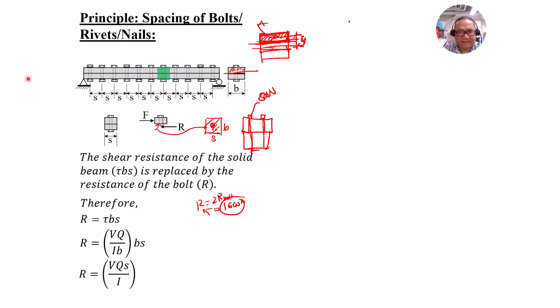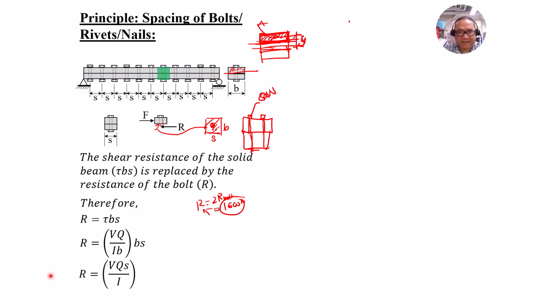In this case, since there are only two planks, and by symmetry, this is the section where shear stress is to be calculated at the neutral axis. So it is equal to that area above the neutral axis times moment arm, or distance of the centroid of that area from the neutral axis.